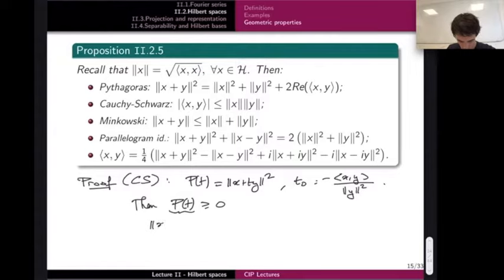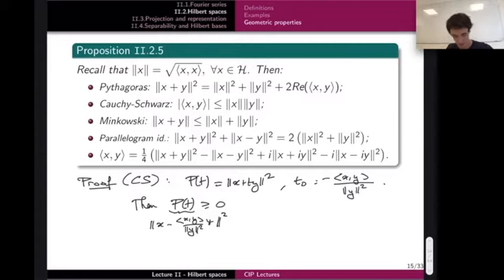And this thing here actually is the norm of x minus <x,y> y over the norm of y squared, squared.